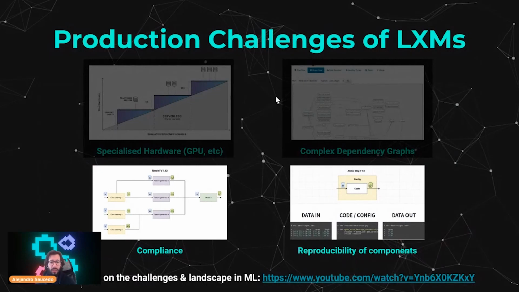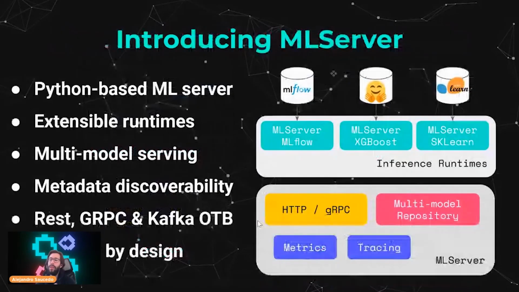So for the first step of the productionization challenges, we're going to look at these two: reproducibility of components and compliance requirements, making sure that you can version all of the different areas of your models as you're productionizing them. We're going to be using an open source project called MLServer. MLServer is a FastAPI-based runtime for machine learning models. And these machine learning models can leverage existing or custom runtimes.